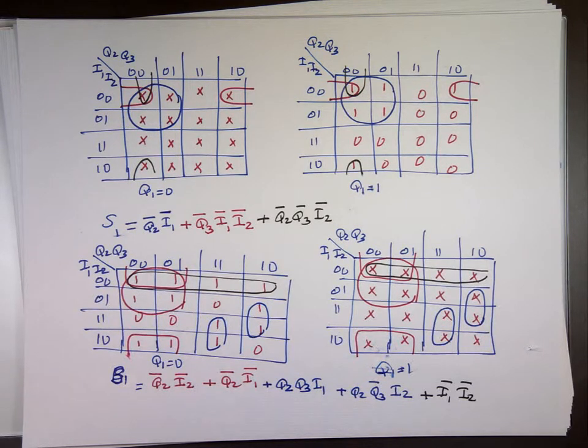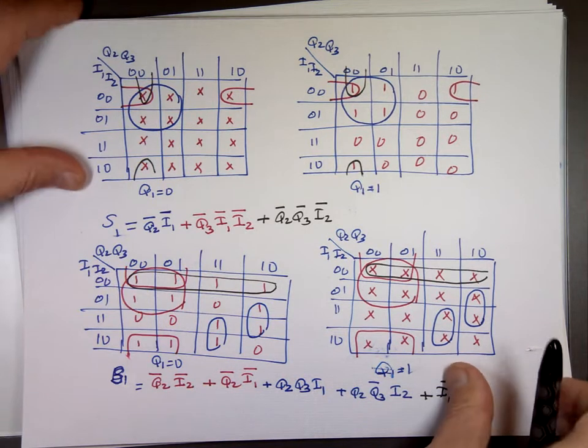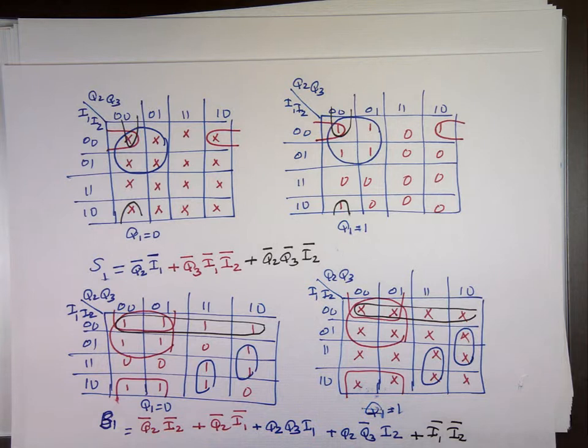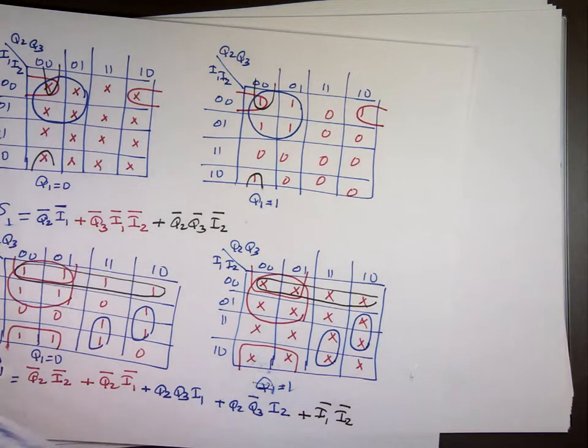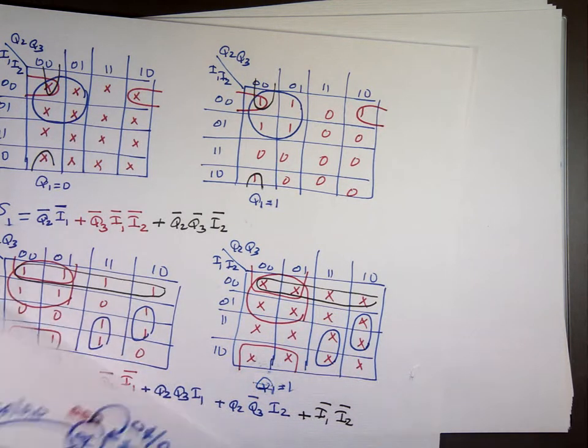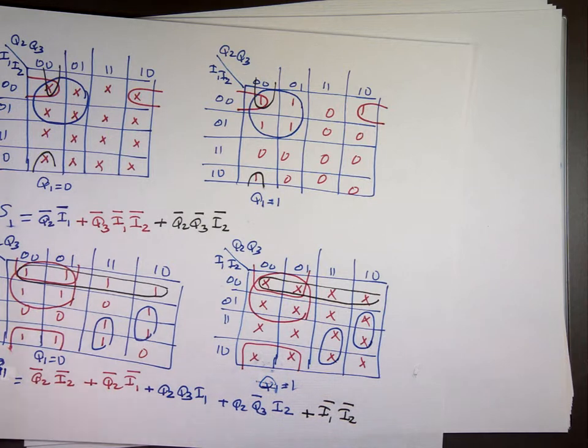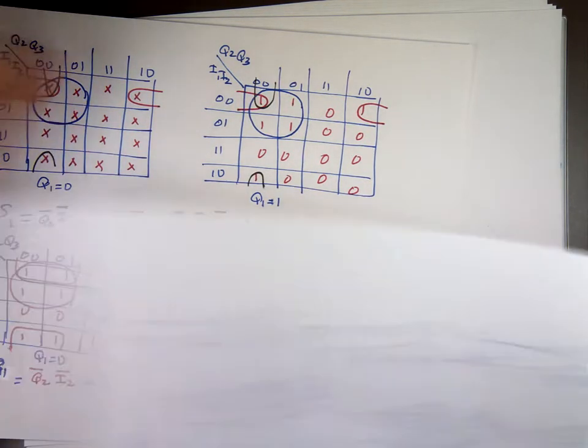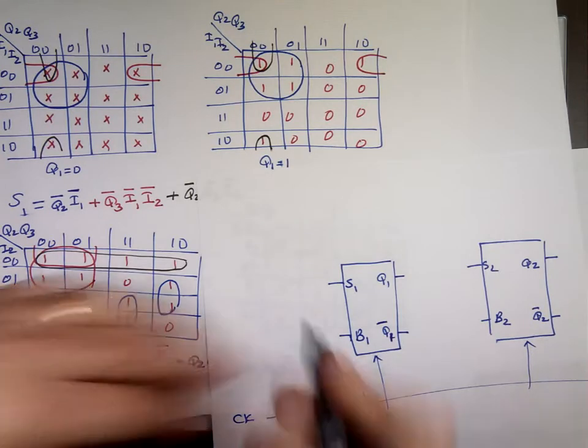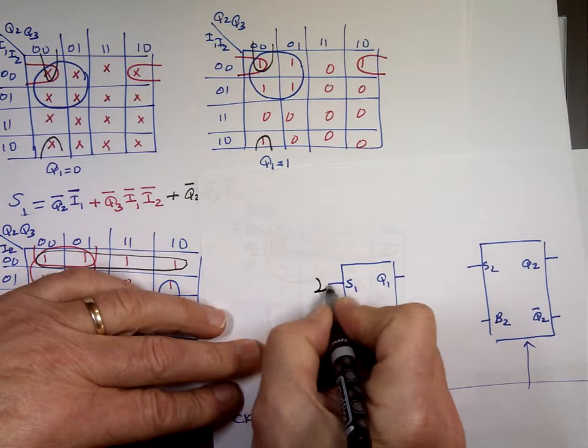S1, B1. So just if I was to build that circuit so far, and we got a long way to go to build it. I lost it somewhere. Where'd you go? Oh, I see it. There we go. This is just going to this one. S1 is going to be an OR gate with 3 AND gates.